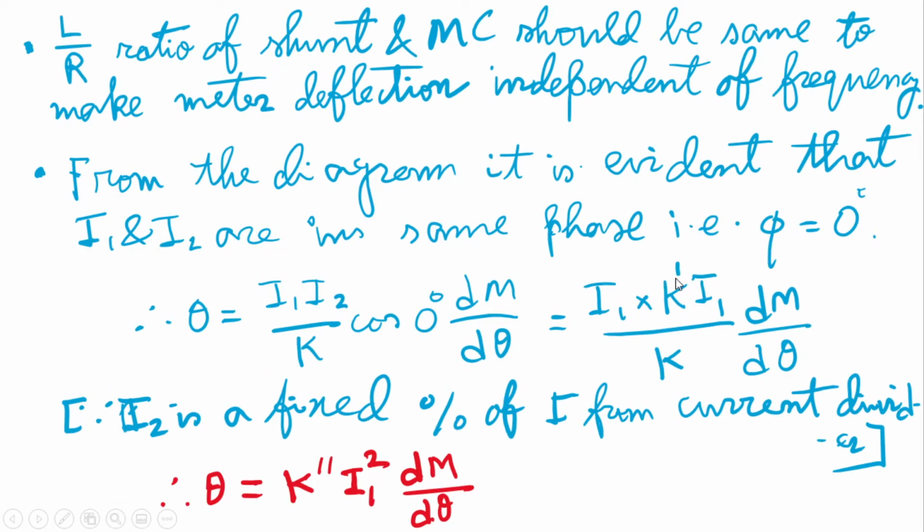K dash is a constant, into dM/dθ. Now in this expression K dash and K are constants, so making it a different constant K double dash. So θ is equal to K double dash I1 square dM/dθ. So θ is proportional to I1 square. So that's why the scale is non-uniform. It is proportional to the square of the current passing through it, and that's why it can work on DC as well as on AC.